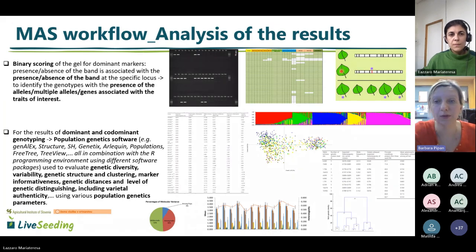Some of these are very old, but still useful since they have implemented algorithms which are still used in the R environment.